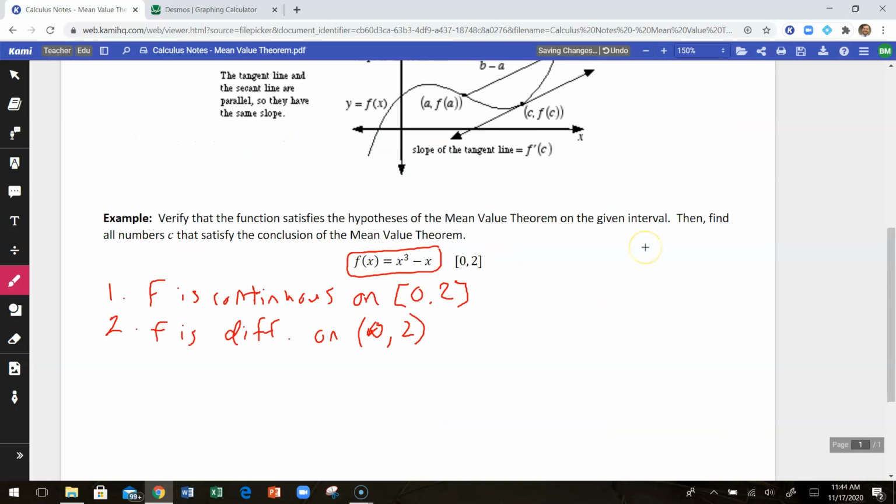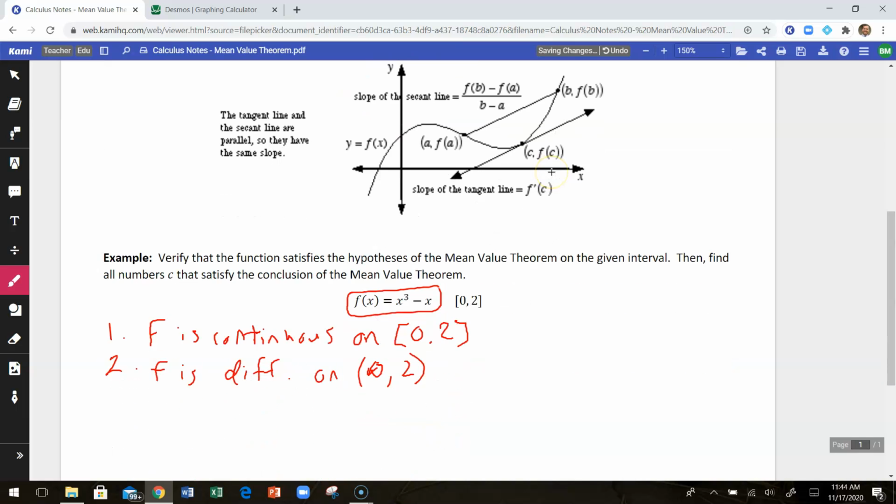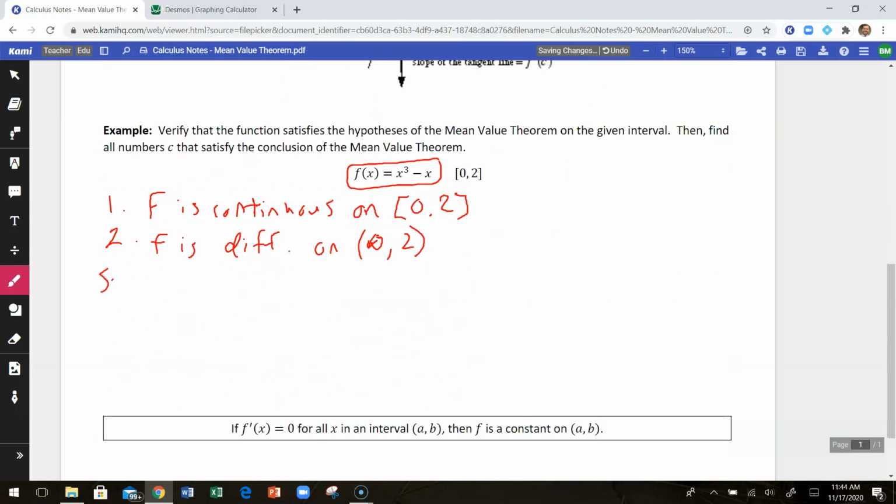And then we can say at this point that this c value exists.